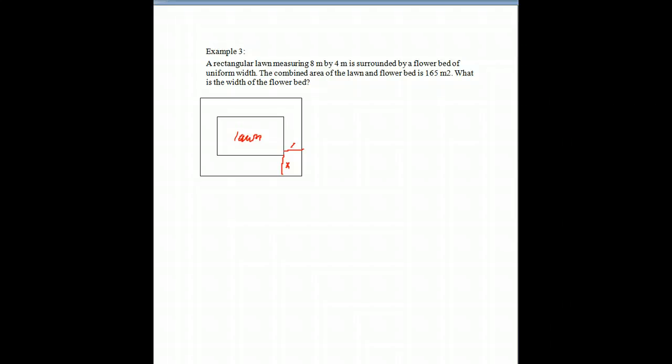So the width here and the depth of the flower bed are the same. So think like a sidewalk going the whole way around. Its width stays uniform.